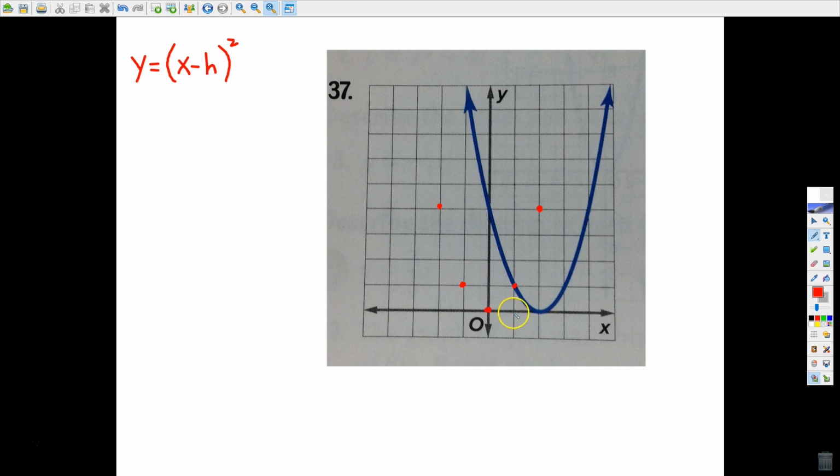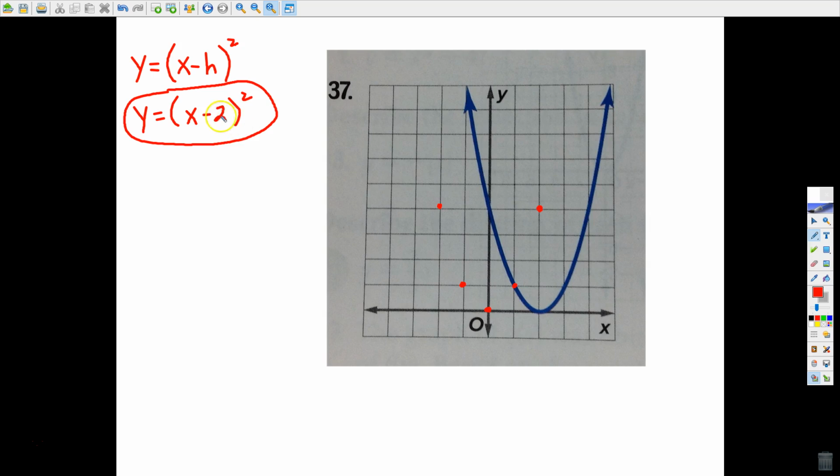Well, obviously we have shifted 2 to the right. That means the number that I'm going to substitute in for my h here is 2. So my answer for number 37 is this equation that represents the translation of the parent y equals x squared 2 places to the right.